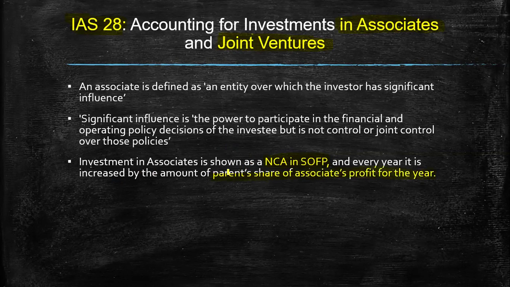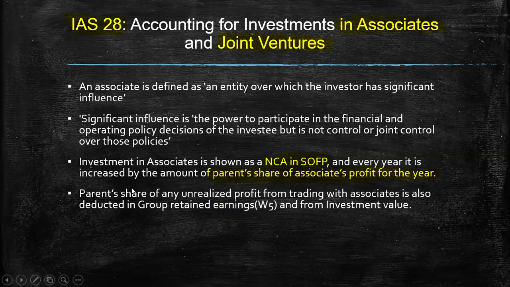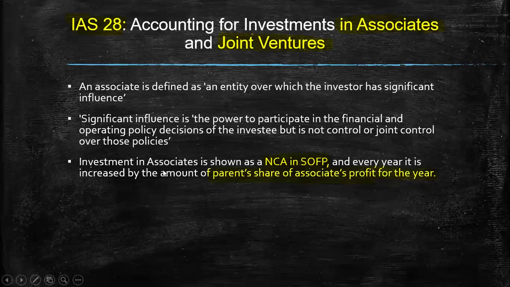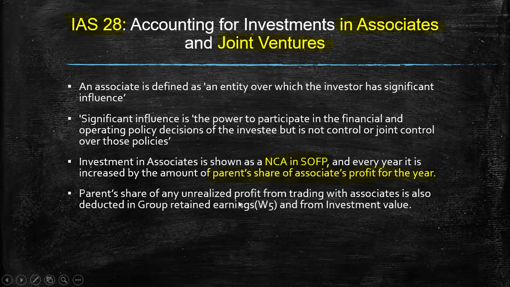So if you have invested 20% in a company, you will take 20% of that company's profit for the year and add it to your investment value. So your investment in associates value will increase every year by your share of the associate's profit for the year. Parent share of any unrealized profit from trading with the associate is also deducted in the group retained earnings and from the investment value.